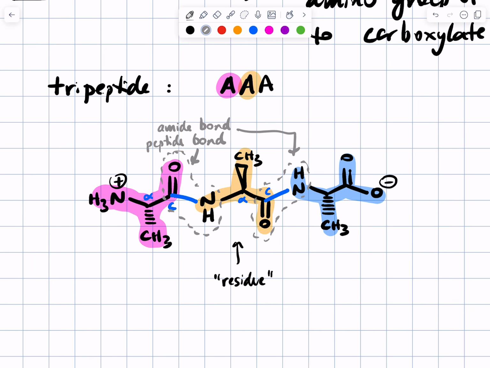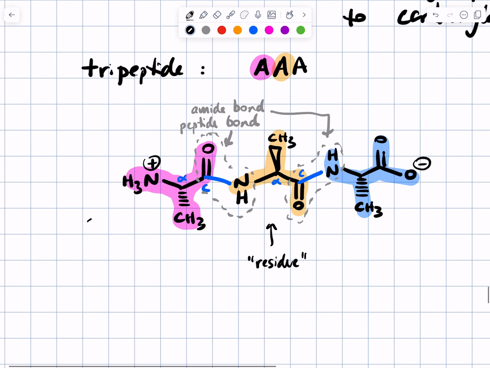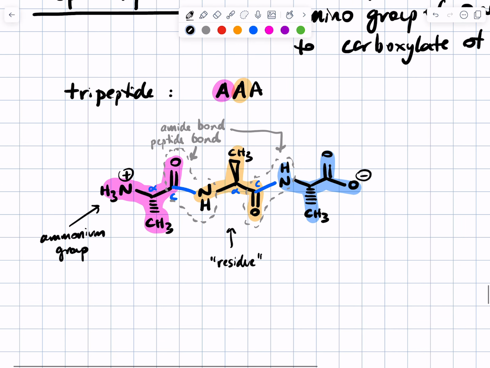Notice that the ends of the tripeptide are different from each other. On the left, the pink alanine residue has an ammonium group, whereas the blue alanine residue has a carboxylate group.